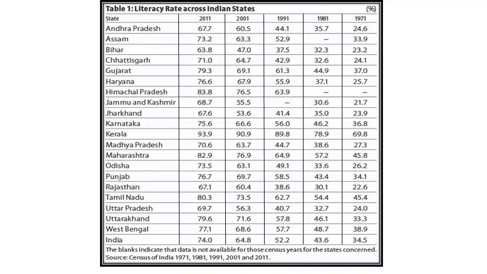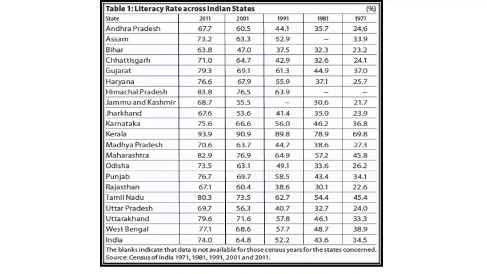If that information is not given in the field, or if information is given but not sufficient to understand, then the footnote will be given and that information will be explained. And after that, the source. That means where we get this information: Census of India 1971, 81, 91, 2001 and 2011. So this is the source of information. All the components of a table are in this table.